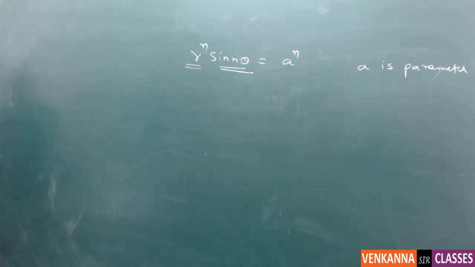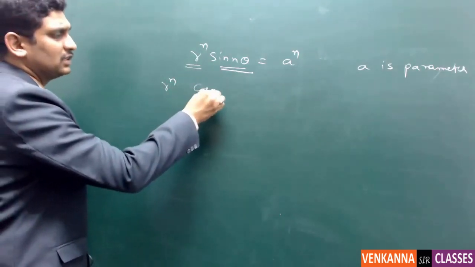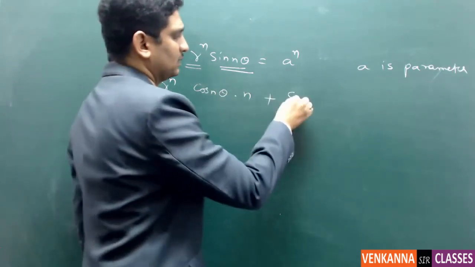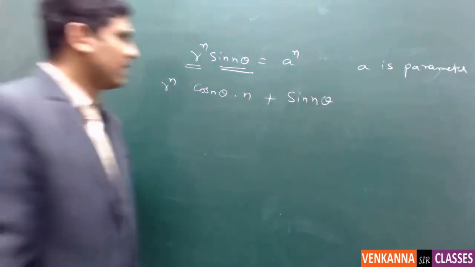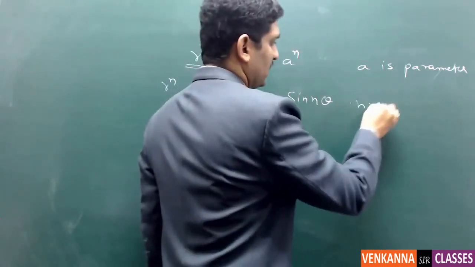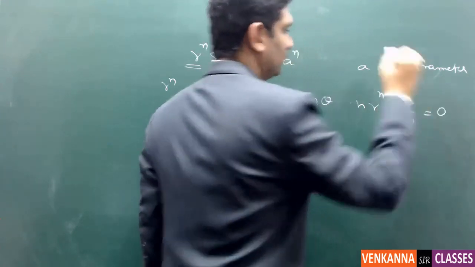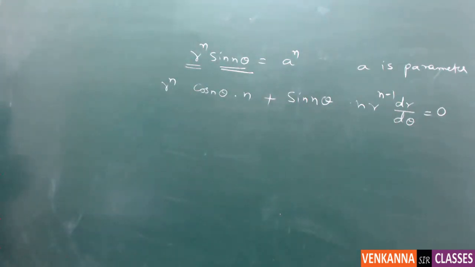If you go for differentiation, r power n into cos n theta into n, plus sin n theta into the differentiation of r power n, n into r power n minus 1 into dr by d theta, equals 0. So this is the differentiation part. Please check.